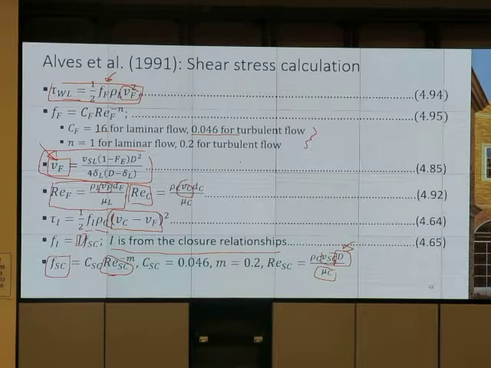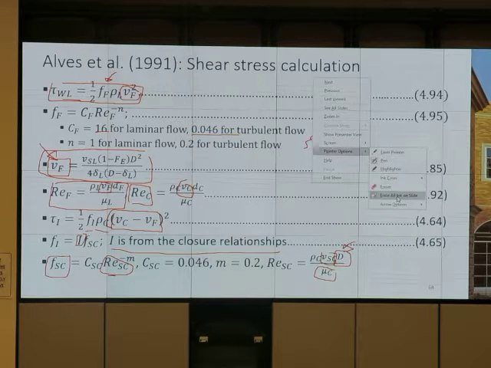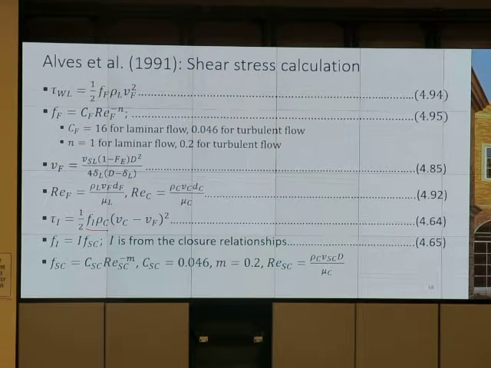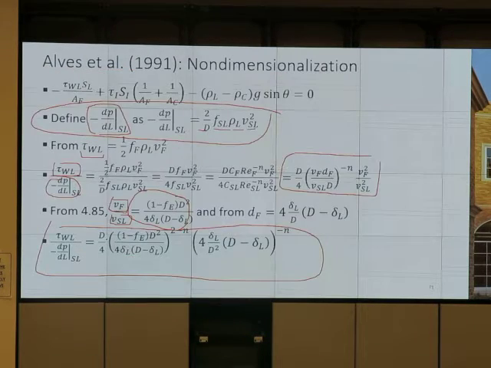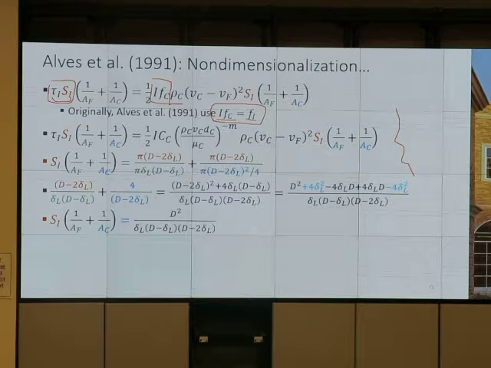Where's my tau I? Go back to this page, right? Fi rho C. Okay, Fi is I FSC. Originally, this is the part that I tried to make.